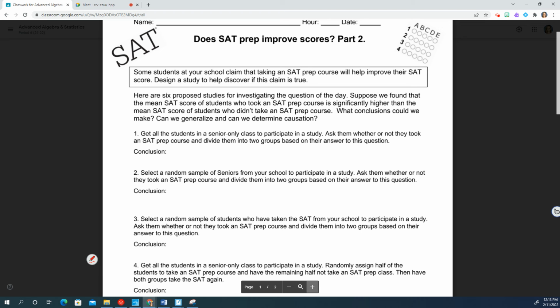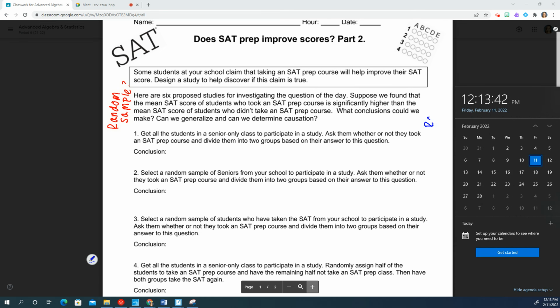I also want you on the left-hand side here, you can write it like this, to tell me yes or no, was this a random sample? Okay, so you're going to put yes or no to the left of this question. And then on the right-hand side, I want you to tell me if it was a random assignment. Because that's our goal for today, to tell the difference between a random assignment and a random sample.